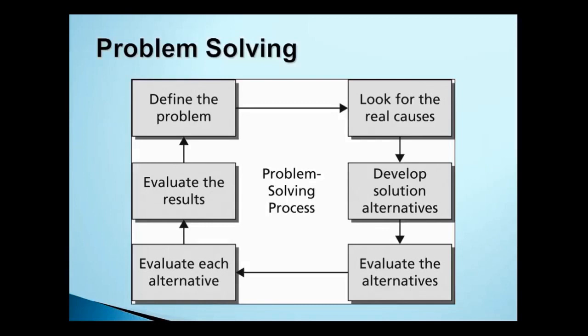So we define the problem, and then after we define what the problem is specifically, we can look for the causes of the problem. Once we find the causes of the problem, we can develop solutions or alternatives. So we define, look for what caused this to happen, and then we think about alternatives. How can we fix this?